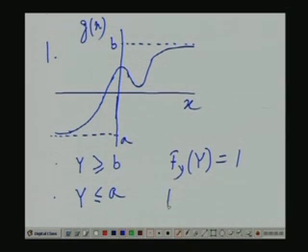In that case, f y y will be 0, because after all what is this? This means the probability of y taking values less than or equal to capital Y. Capital Y is either a or less than a, and y, that is g x, is never going below that. So, the corresponding probability will be 0. These are very simple cases.